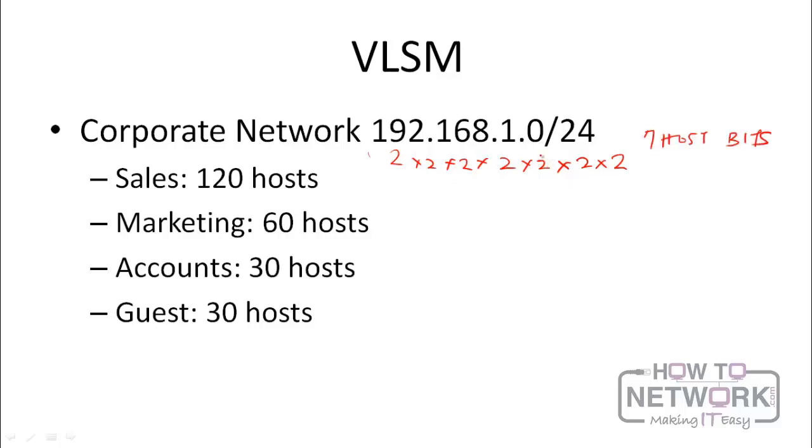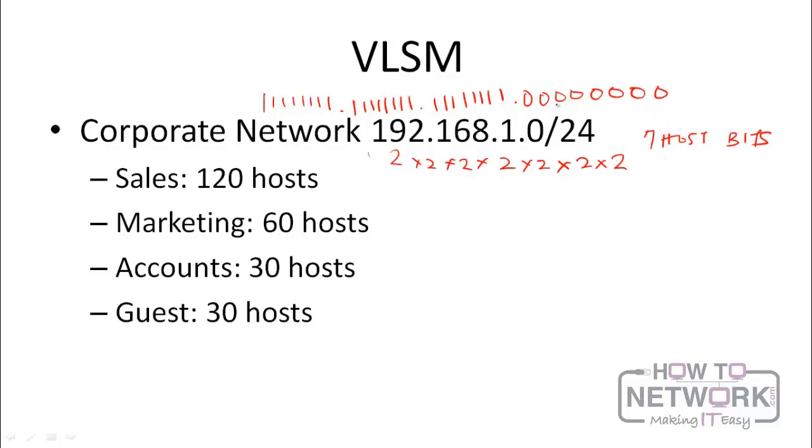Our current subnet mask is /24, which means 24 ones. So we have 11111111 dot 11111111 dot 11111111 dot, and now we have 24, so we have 00000000.